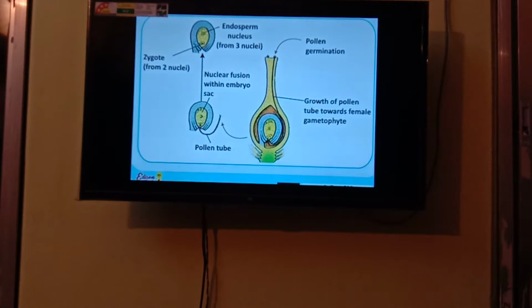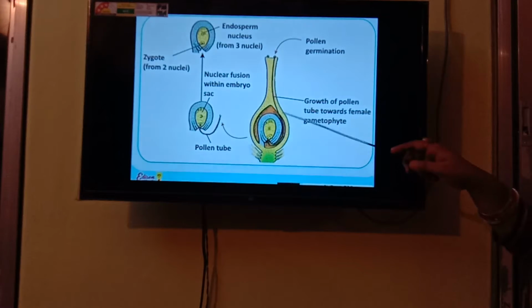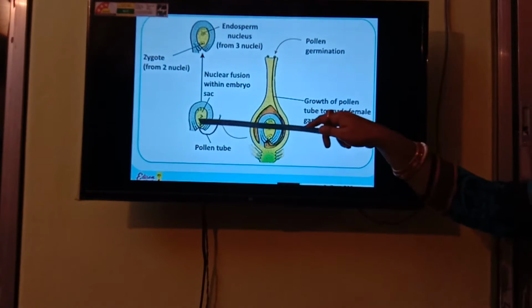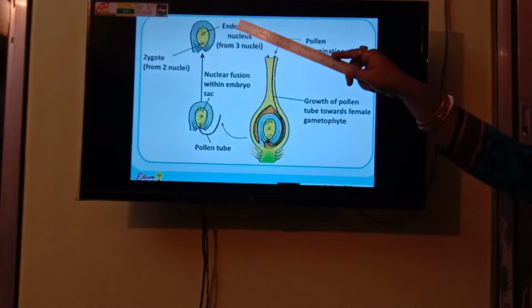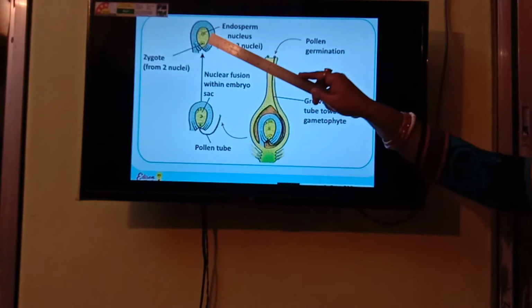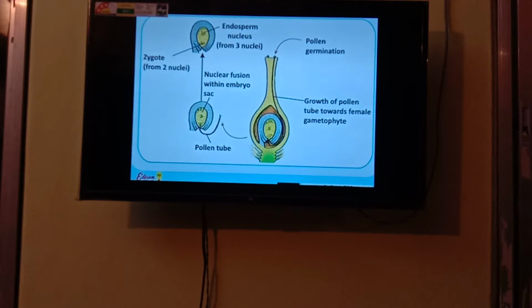The zygote develops to form the embryo. And the other male nucleus fuses with another nucleus and forms the endosperm. This is the endosperm and this is the zygote. So this process is called double fertilization.